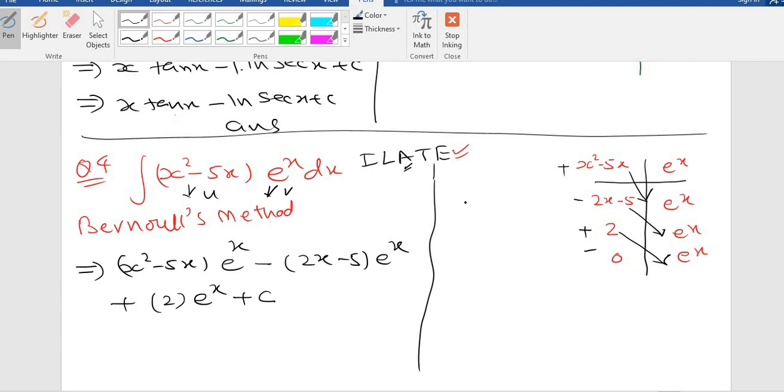So it becomes x square minus 5x multiplied by e power x, first term, plus minus 2x minus 5 e power x, and plus 2 e power x plus c.